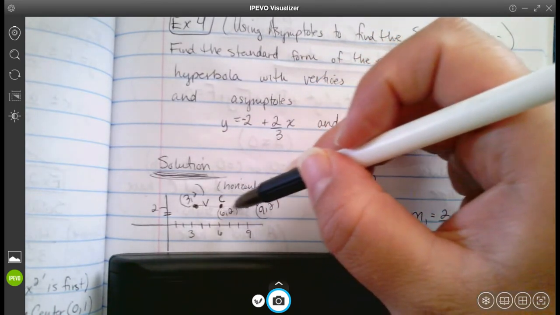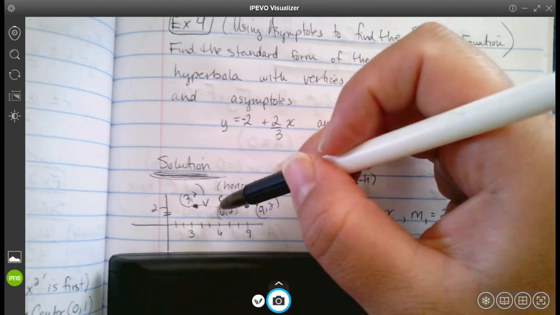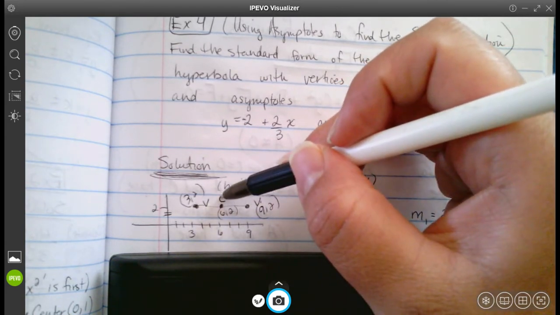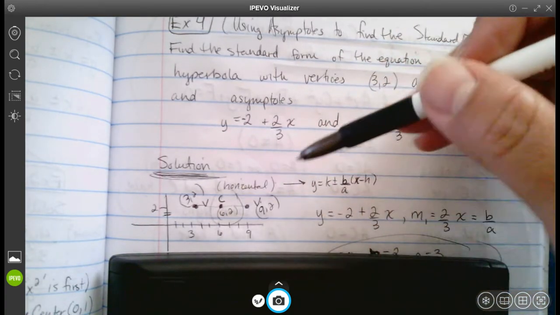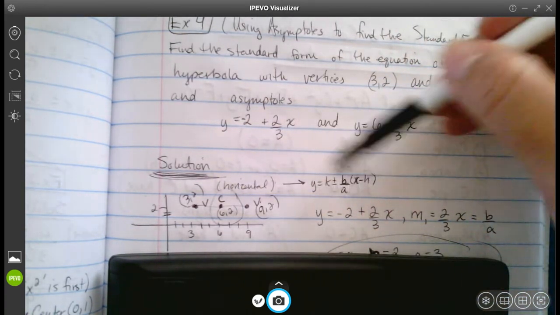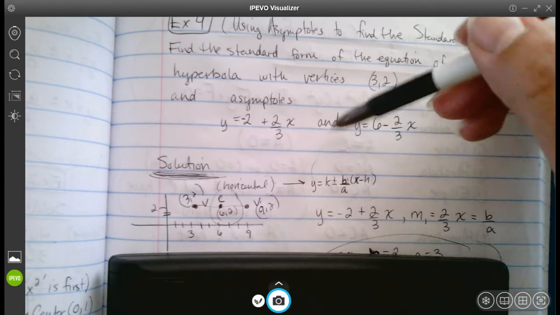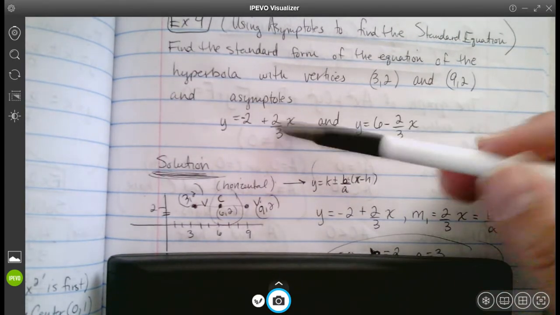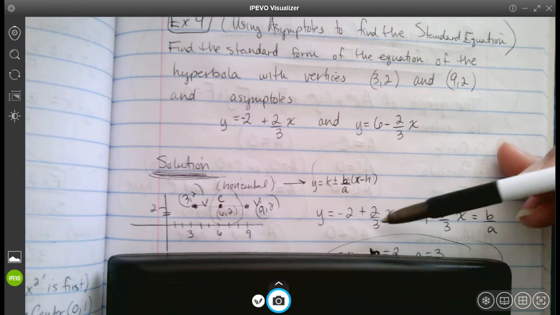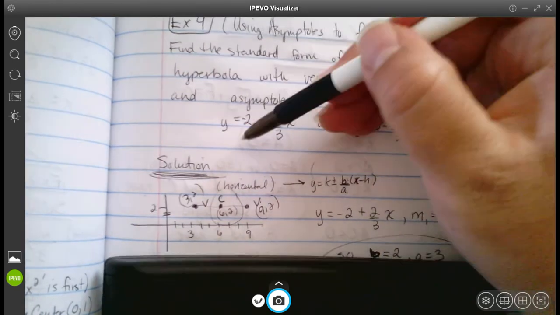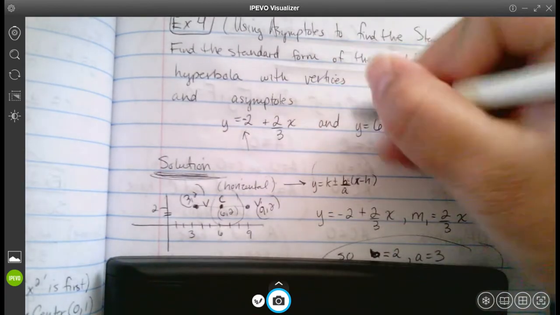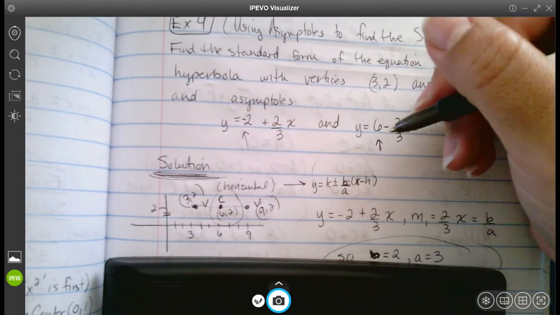Remember this distance right here, this is 2a. So the halfway point would be our a, and that's going to give us right in the middle of the center 6, 2. So you'll notice there's my center labeled. Since it's horizontal, I'm going to use this notation. So again, here is one of the equations. And I only have to look at one of them because if you notice, this part right here is just the part that's talking about the y-intercept.